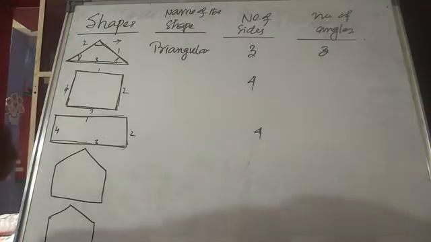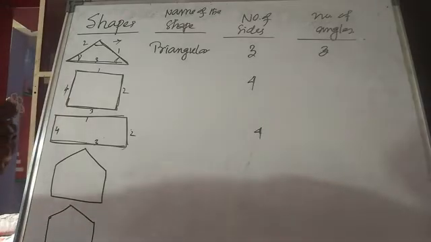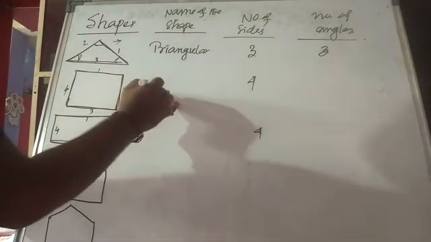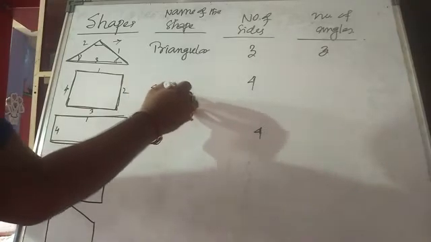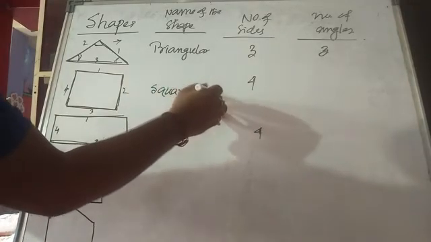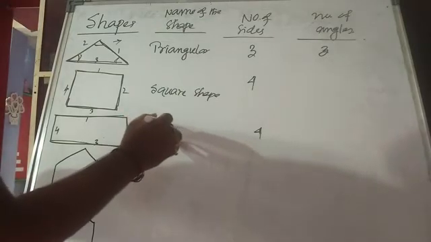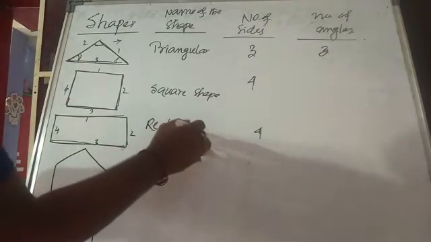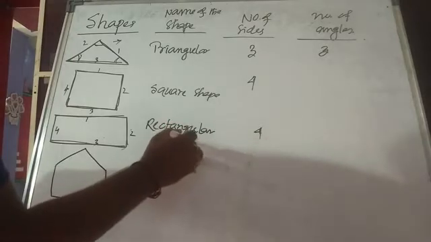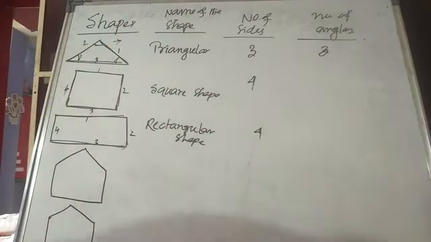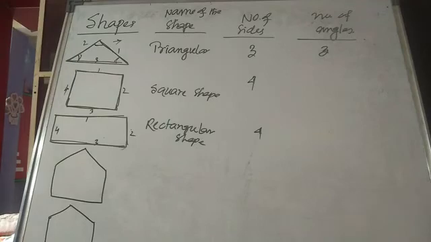So opposite sides look the same. This is known as square shape, and this is known as rectangular shape.